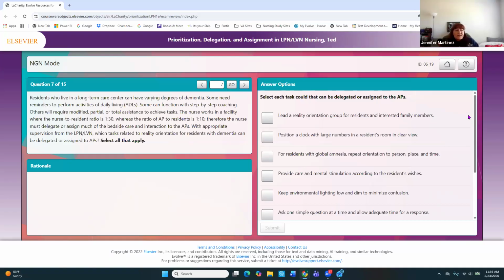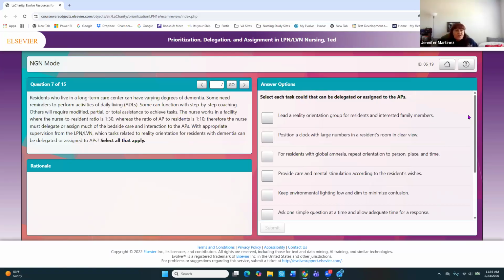Therefore, the nurse must delegate or assign much of the bedside care and interaction to the assisted personnel. With appropriate supervision from the LPN, which tasks related to reality orientation for residents with dementia can be delegated or assigned to the assisted personnel?